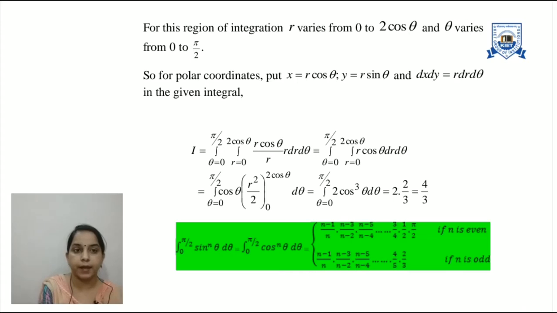This can be applied according as n is even or n is odd. So here the value of n is odd, that is 3. So we have the integration as 2 by 3, because here the value of n is 3, an odd number. So our final result is 4 by 3 for this integration that we have done very easily using polar coordinates.